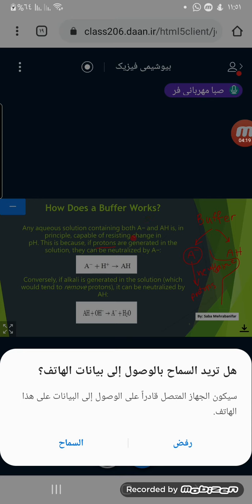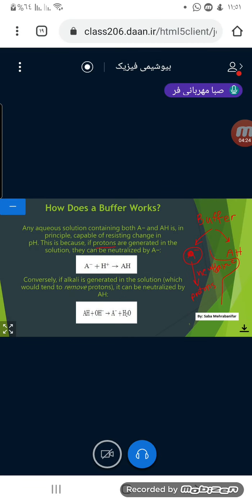I told you each buffer contains A minus and AH, and sometimes A minus acts, other times AH acts. When there are some protons, when the protons are generated, A minus comes. This is A minus and this is proton. A minus can neutralize proton.